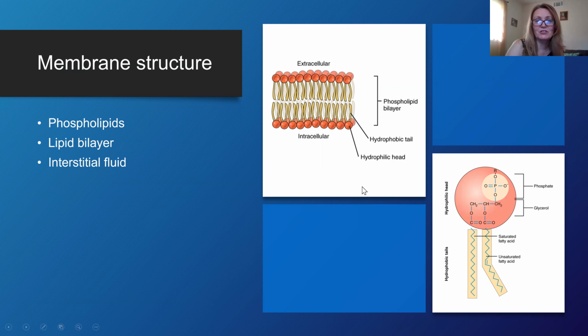And because of this unique structure, when you put phospholipids in a fluid, in a watery substance, they tend to form a double layer, when the tails are facing towards each other and heads are facing water, right? That's why the membrane is made of this bilayer, because of the chemical properties of phospholipid.